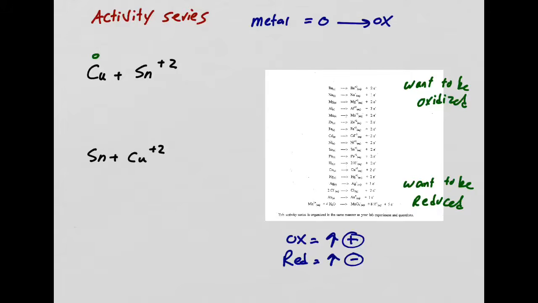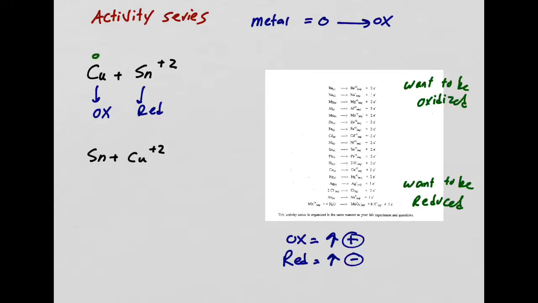So we said copper here is going to become oxidized. Now how about tin? Tin is going to be reduced because tin already has a plus 2 charge, so it becomes tin 0. Going from plus 2 to 0, you become more negative. That's going to be my reduction, because it already has a plus 2 charge and probably wants to be reduced to 0.